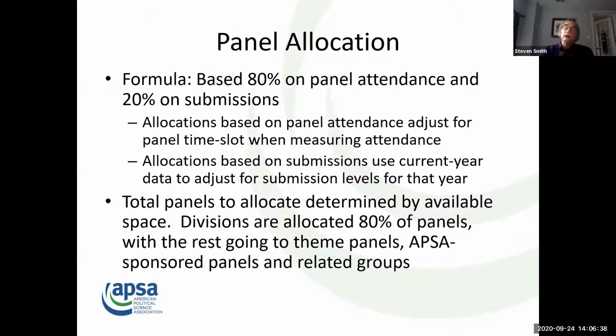So if you have an unusually high number of submissions in relationship to the number of panel slots that you would normally get without factoring in submissions, you're able to get essentially bonus submissions. So we're going to use current year 2021 data for the submissions, but the panel attendance will be using 2019 attendance data.